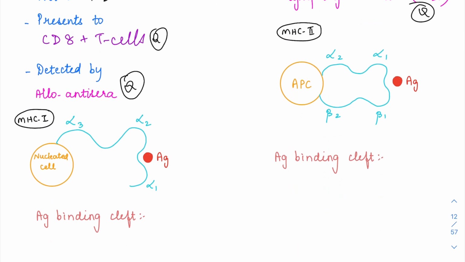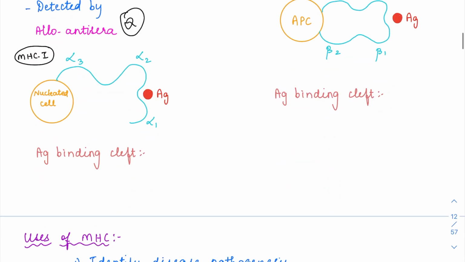Now let's see the structure of MHC1 and MHC2. MHC1 has 3 subunits, which are alpha 1, alpha 2, and alpha 3 chains. Alpha 1 and alpha 2 form the cleft wherein the antigen binds. So alpha 1 and alpha 2 form the antigen binding site of the MHC1 complex.